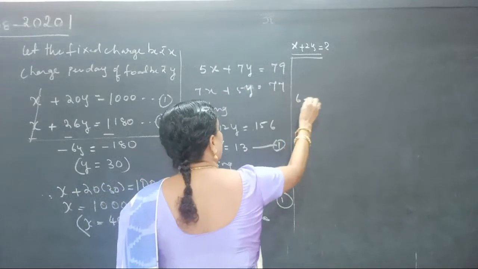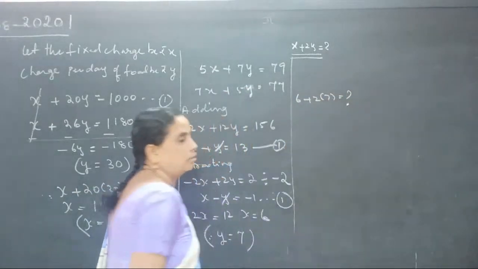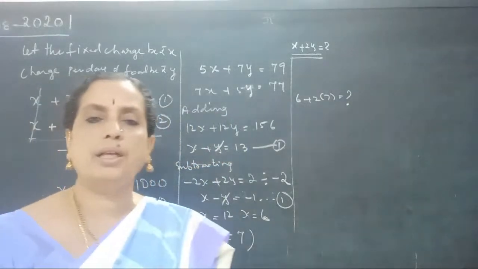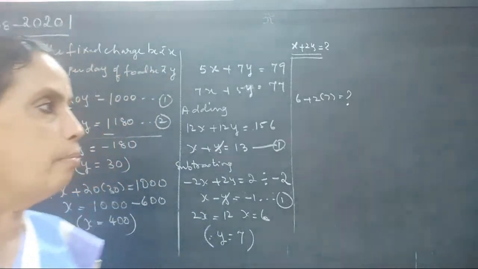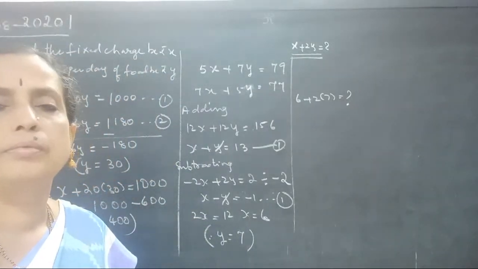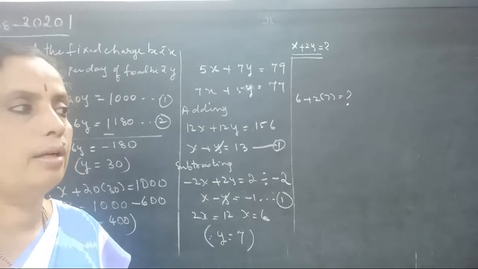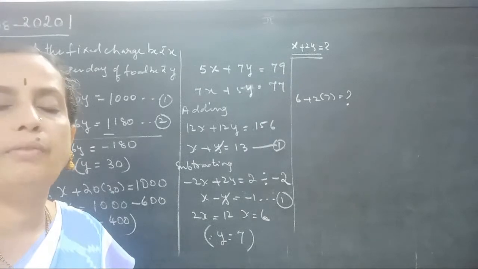So now we require the total value. x is 6 plus 2 into 7. How much? The final answer: what is the total cost of a book and 2 pencils? It is rupees 20. We are not supposed to write the answer only as x and y.